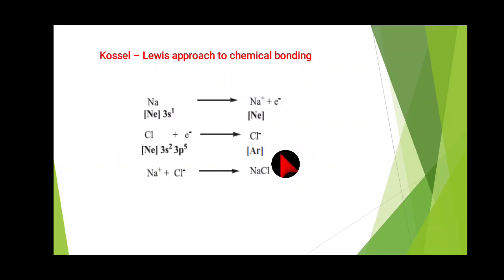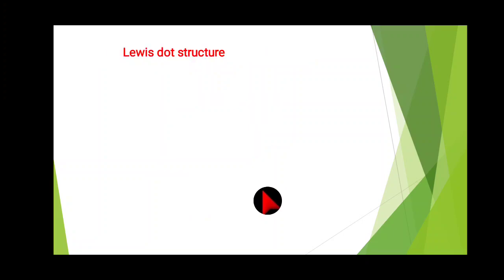The Cl turns to Cl-, enabling both atoms to attain the nearest noble gas configuration. The resultant ions Na+ and Cl- are held together by electrostatic attractive forces. So Na+ and Cl- are bonded. That attractive force is called a chemical bond, right? So it is given by the Kossel-Lewis approach to chemical bonding.